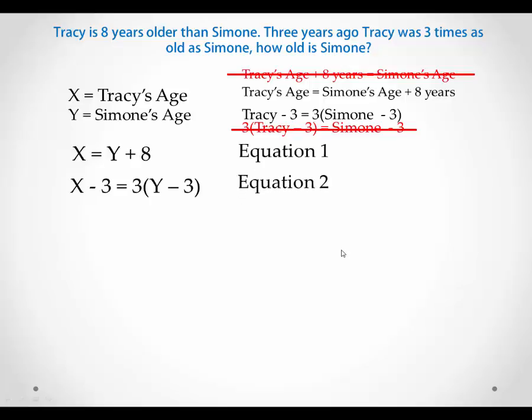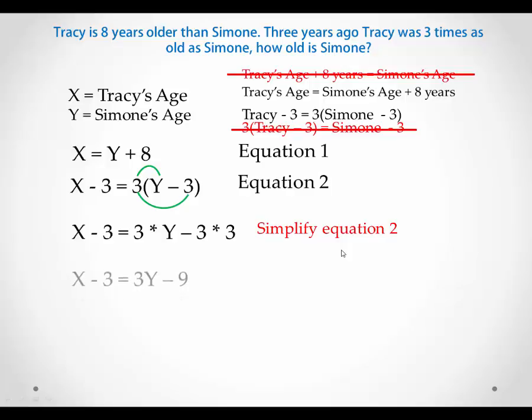At this point, we can simplify equation 2 by multiplying 3 by the terms inside the bracket. So we'll multiply the first term by 3 and the second term by 3 also. The new equation now becomes x minus 3 equals 3 times y minus 3 times 3. Simplifying further, we have x minus 3 equals 3y minus 9.